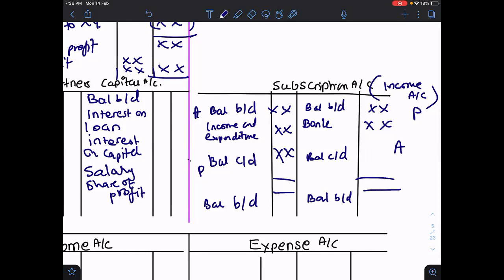ये कहाँ से मिलेगा? वहाँ पे लिख दो जरा. Subscription received during the year कहाँ से मिलेगा? That bank receipts and payments account. Okay. And जो income and expenditure account में जाएगा, what will that be?